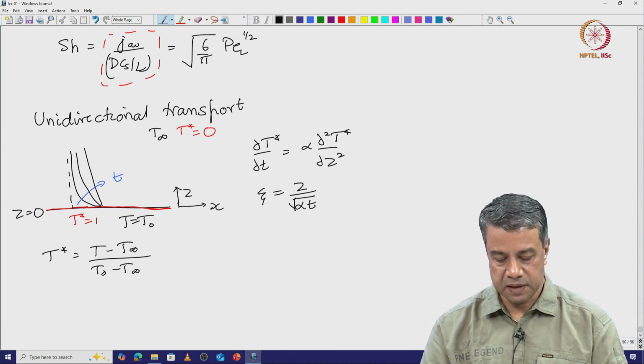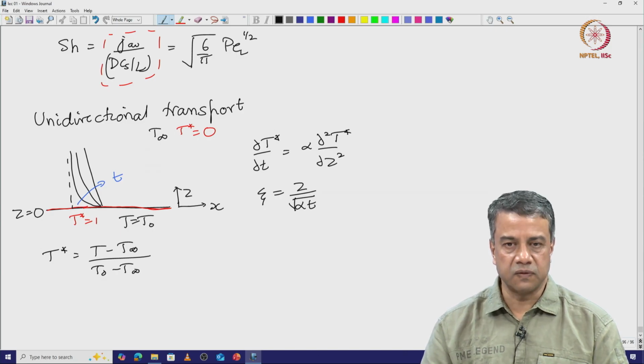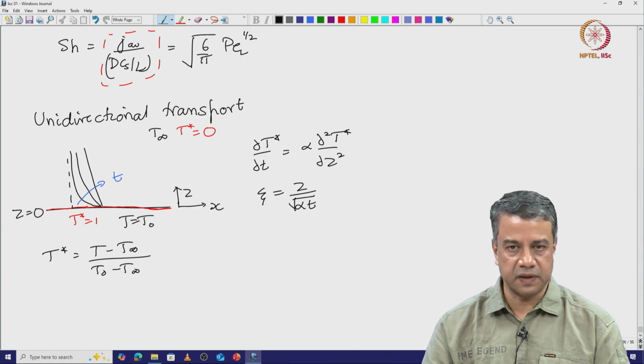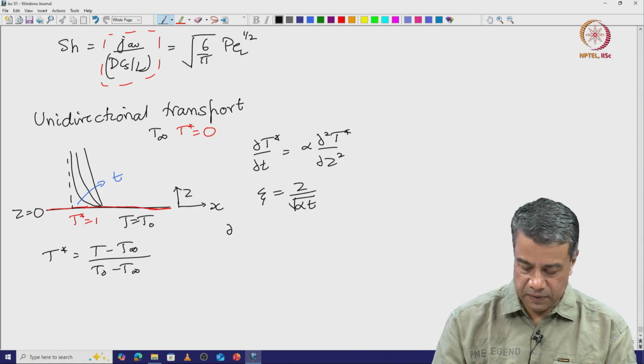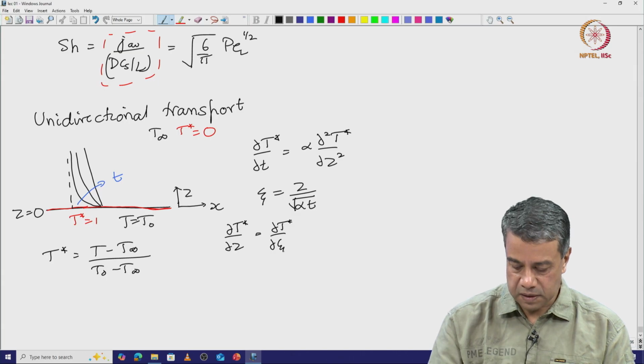Therefore, I express T star in terms of psi, okay, by using the chain rule for differentiation for psi as a function of z and as a function of t. So, basically we wrote partial T star by partial z is equal to partial T star by partial psi times partial psi by partial z.